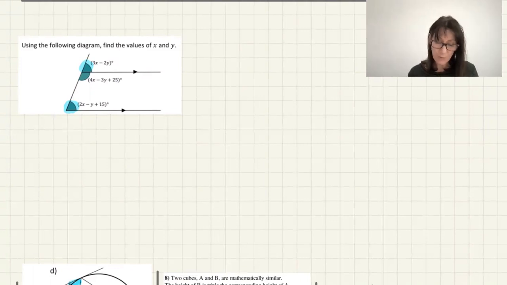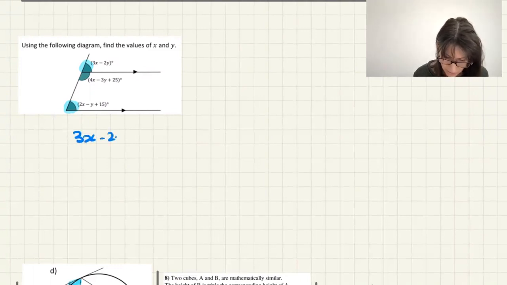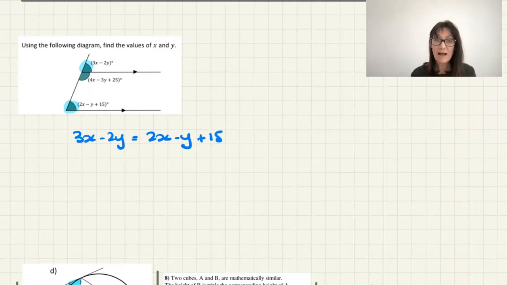If they are equal, I can write that 3x minus 2y is equal to 2x minus y plus 15. I now just need to rearrange that. So I've got the x's and the y's together on one side and the numerical value on the other. So these two x's will go over, they land as minus 3x minus 2x is x.